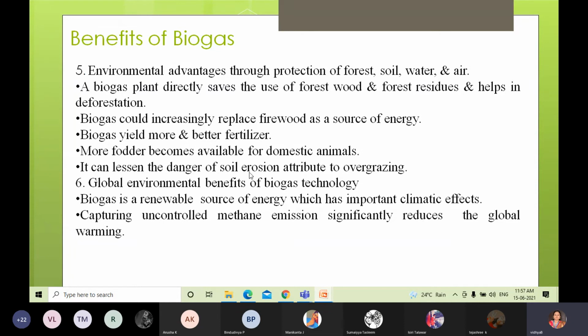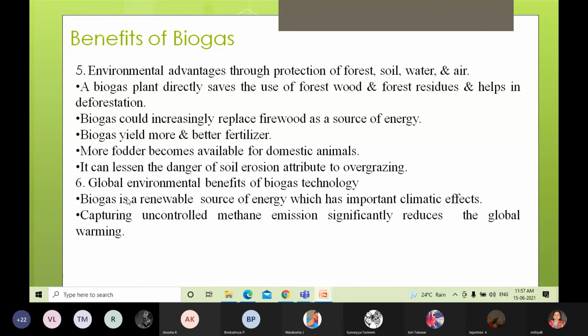It can lessen the danger of soil erosion attributed to overgrazing. If we use gas, deforestation will be reduced, plants will be saved, and it is helpful for animals also.